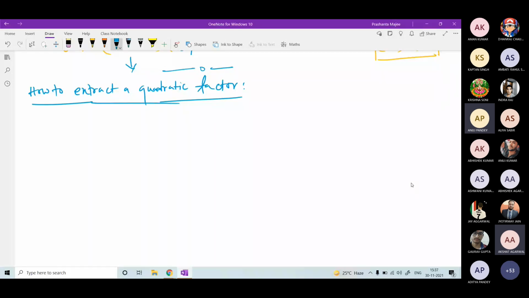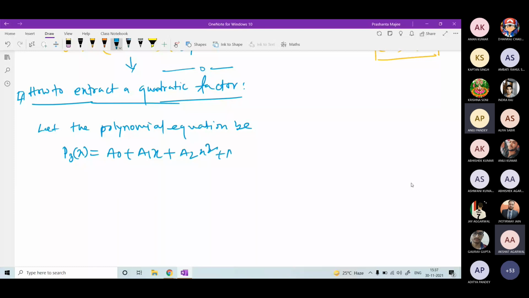Suppose the polynomial equation is, let the polynomial equation be P3(x) equals a0 plus a1x plus a2x square plus a3x cube. a0, a1, a2, a3 are known to you. These are constants, real numbers.